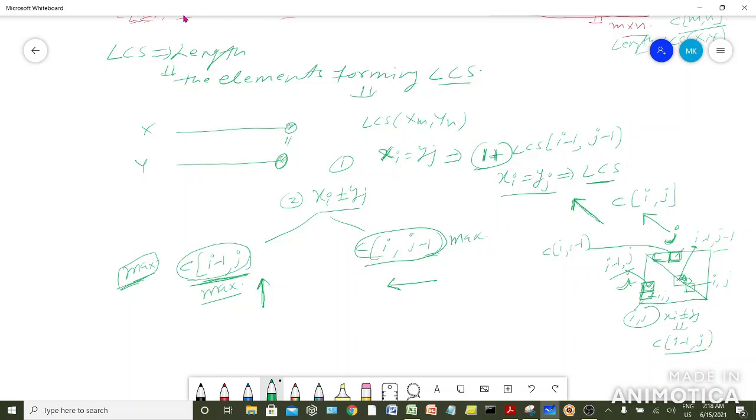If this is ij, then this is ij minus 1. Fine. So that is the logic behind putting the horizontal arrow. So these three arrows are going to make it easier to print the elements that constitute our longest common subsequence.